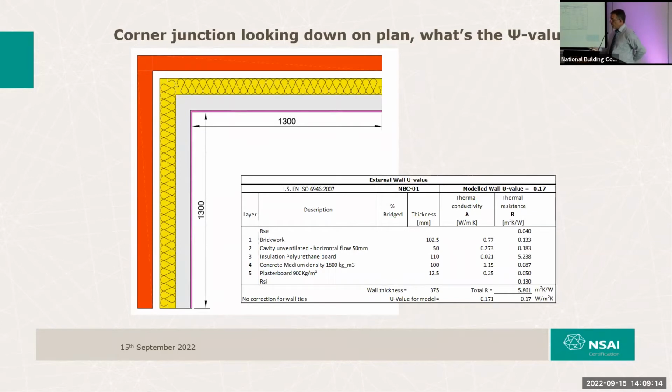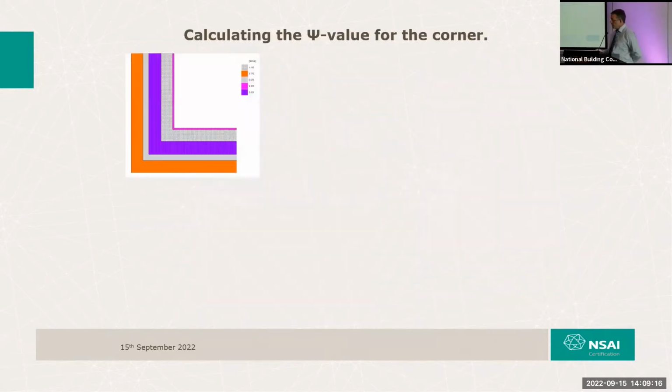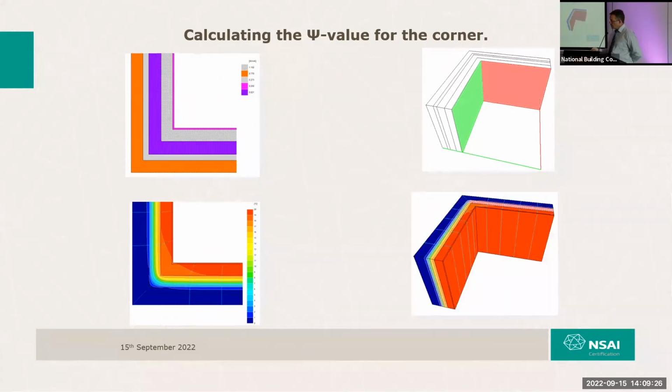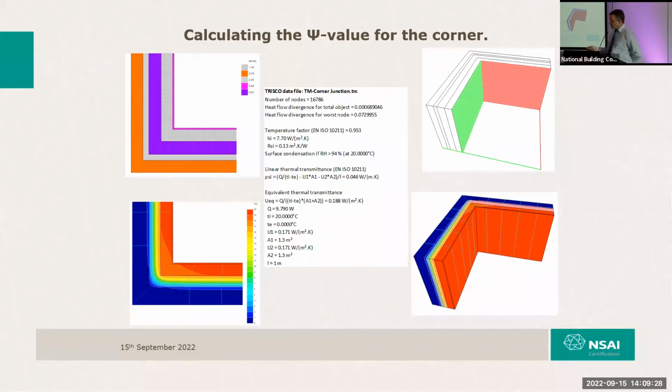We then model this in our finite element analysis software, calculate the total heat loss out through the entire model, and then we subtract from that heat loss the U value of the green area, the U value of the, we'll say, red area, and whatever is the residual heat flow is the Psi value associated with 1 linear meter of that junction.